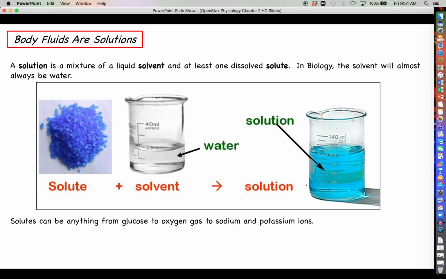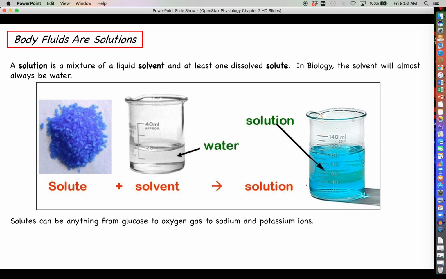Now, biologically speaking, for us in physiology, solutes can be anything that dissolves in the water. It can be glucose molecules, it could be sodium and potassium ions, oxygen gas, although oxygen gas is not very soluble in water, and we'll talk about that later on. But anything that can be dissolved in water is technically going to count as a solute for us.